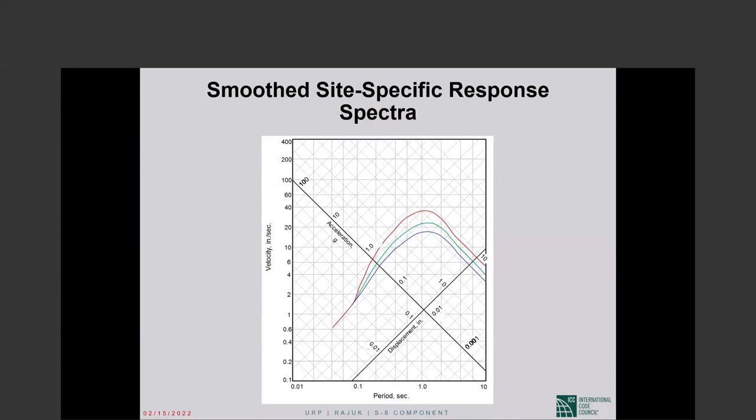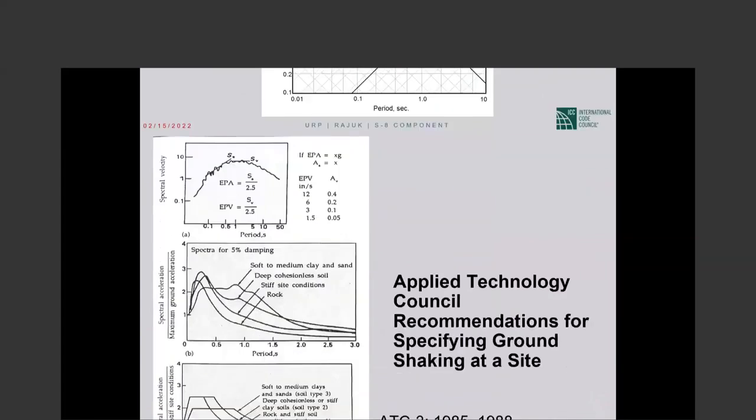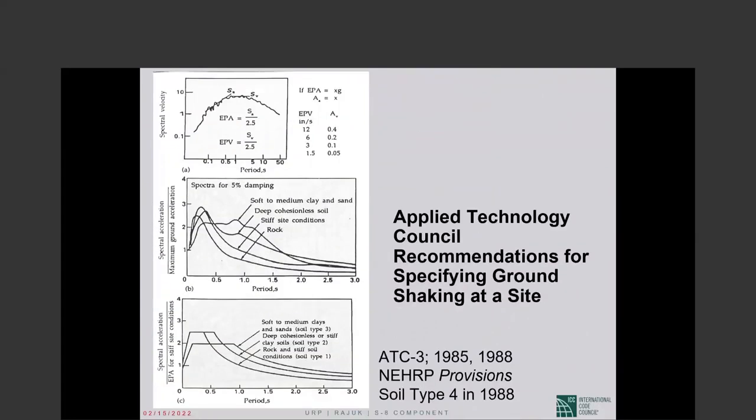But basically what we are doing is smoothing out the peaks and the valleys. And then, as I said, we will take average. The smoothed average spectra would be fit to serve as design spectra.